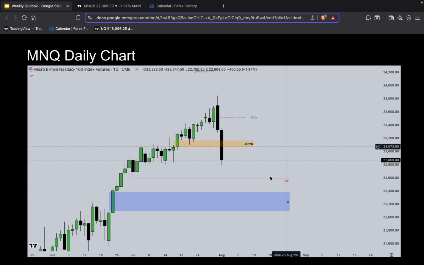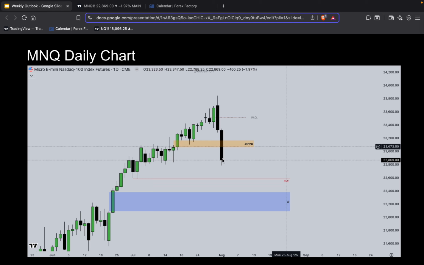So this is the daily time frame. In the daily time frame, there was a bullish fair value gap. It was supporting price and sending it higher and higher, but it inverted that fair value gap.